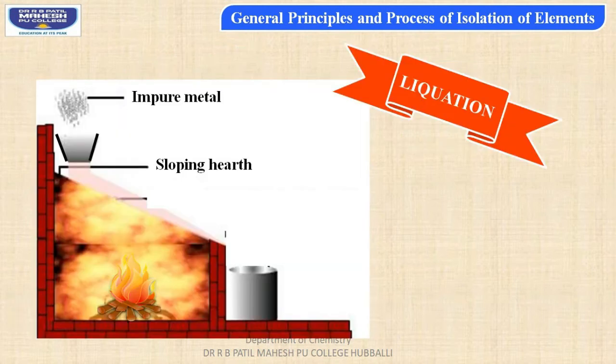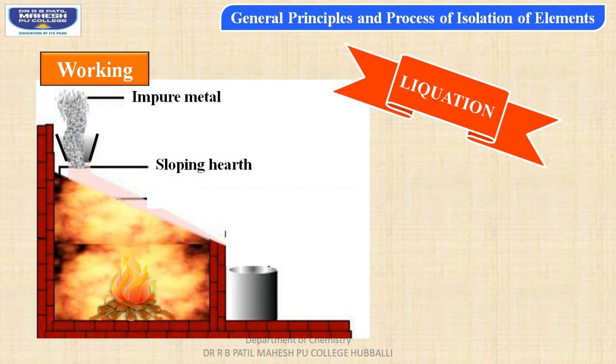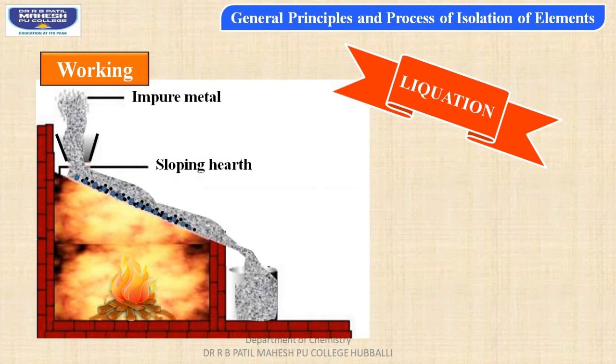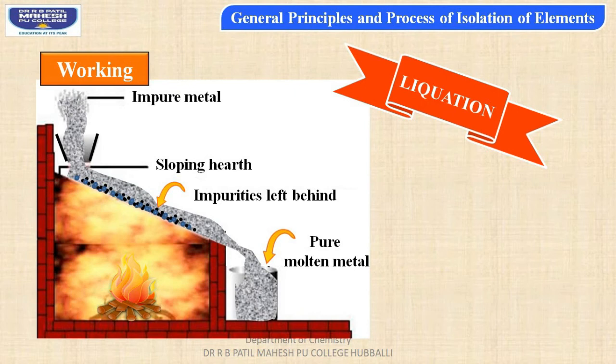Now let us understand the working of the liquefaction method. Impure metal is added at the top of a sloping hearth and from the bottom it is constantly heated. Impure metal runs down the sloping hearth, but only the pure metal is converted into molten state and it can be collected at the lower end of the sloping hearth by a receiver as pure molten metal, whereas all the impurities are left behind on the sloping hearth.